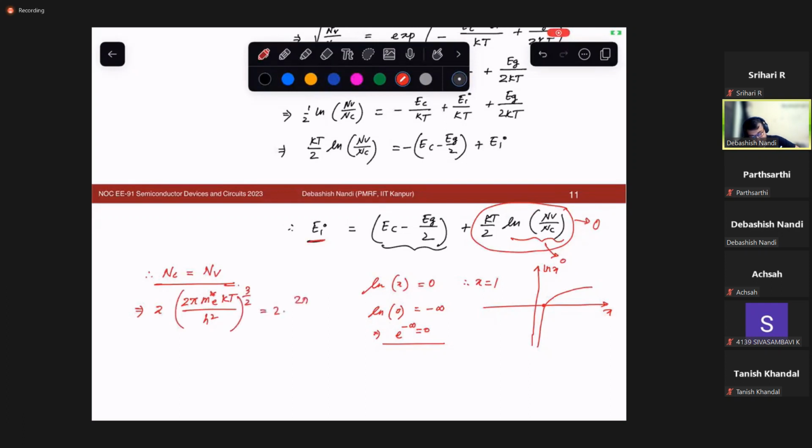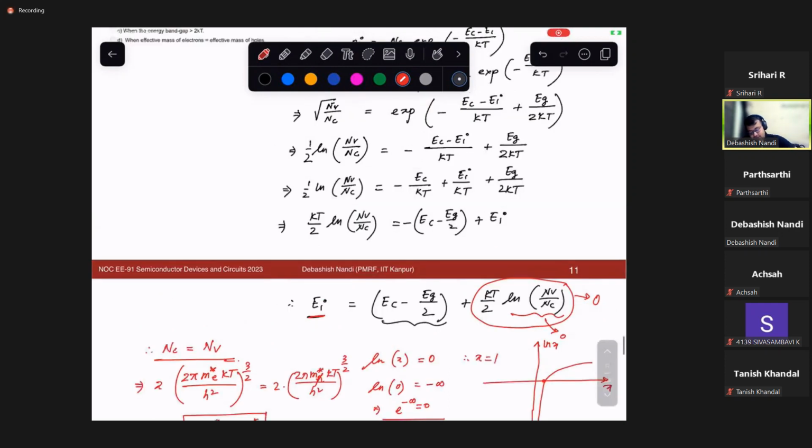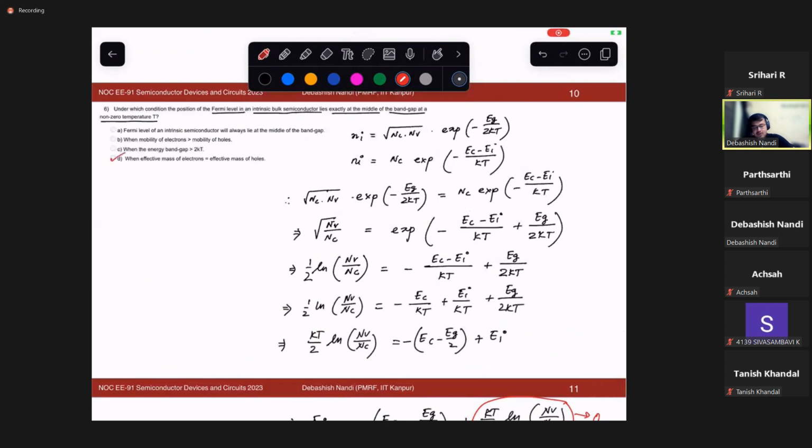Similarly, for Nv it is 2 pi mp star kt over h square to the power 3 by 2. So from this, the effective mass of the electron and the hole has to be equal for this to be satisfied. So D is your right option.